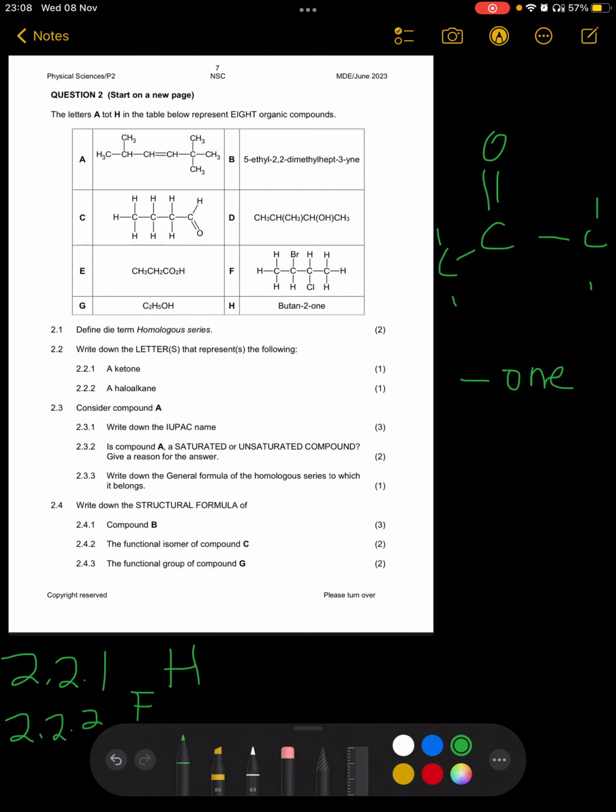2.3.1. Well, I think I'd have to move this picture a little bit down.